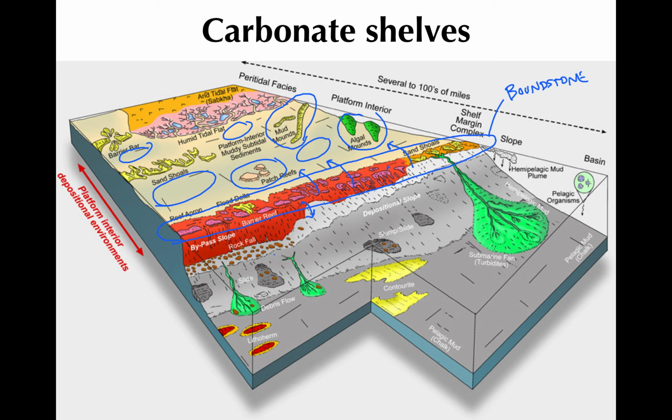And a mixture of mud from suspension mixed with sediment gravity flows or even rock falls would exist on the shelf and then further out in the basin. So the basin floor out here would be largely carbonate mud, and in some areas you may deposit carbonate sands delivered out there through things like turbidity currents.